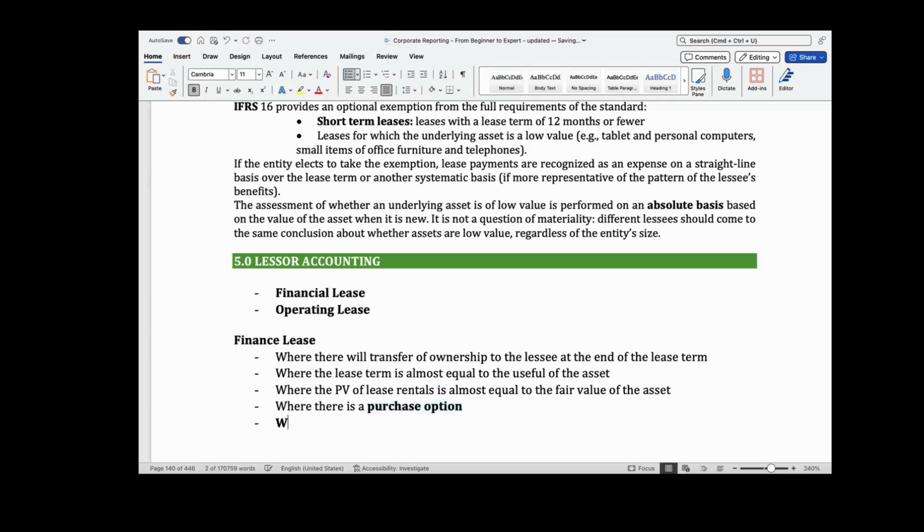And finally, where the asset is of a specialized nature, that only the lessee can use it without substantial modification.